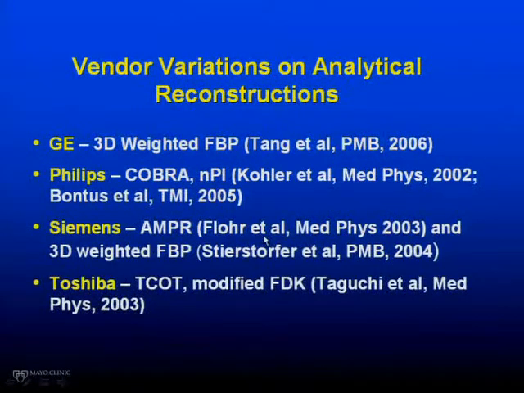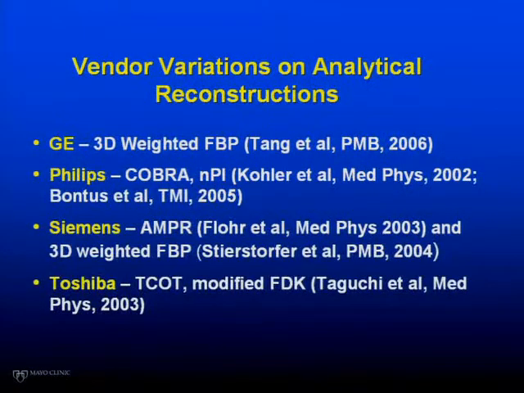This slide just summarizes some of the reconstruction methods developed by the vendors or implemented on their scanners. Most of them are based upon the 3D filtered back projection method. They are all approximate, which means they still, to a greater or lesser extent, suffer from the cone angle effect.